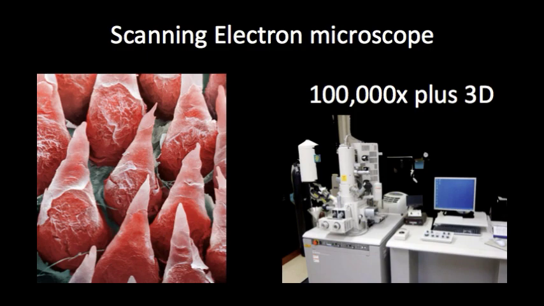So you can see that a scanning electron microscope is different from the other two microscopes in that you are able to see three-dimensional structures by looking at their surface. And if you go back and look at that picture of the ant a couple of slides ago, that also was done with a scanning electron microscope.